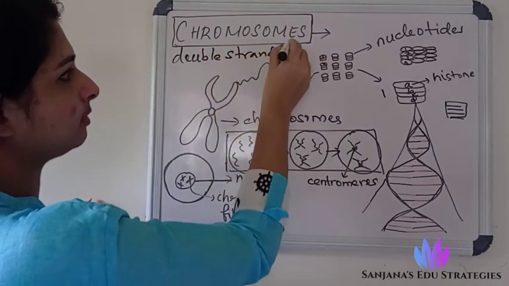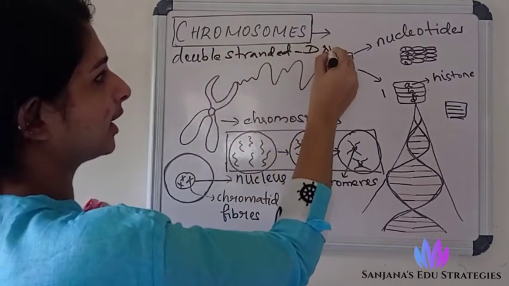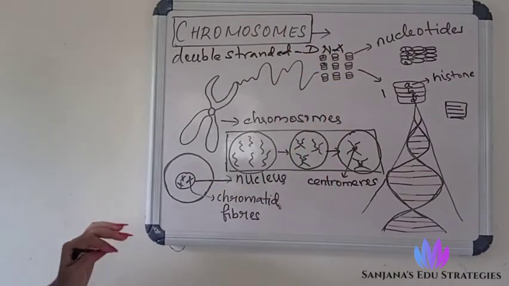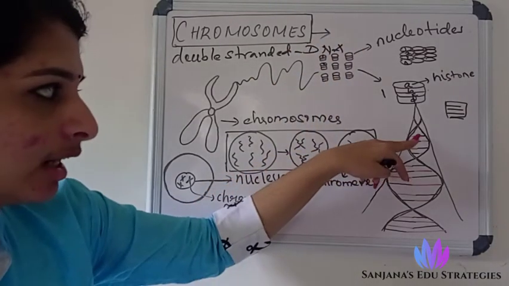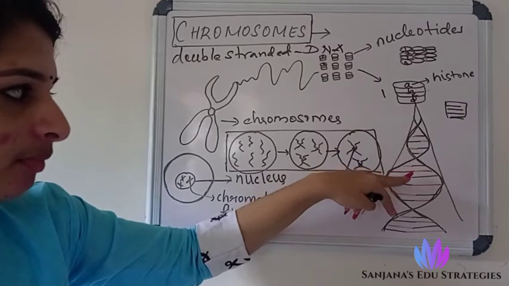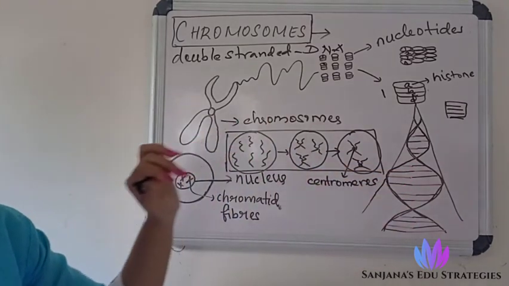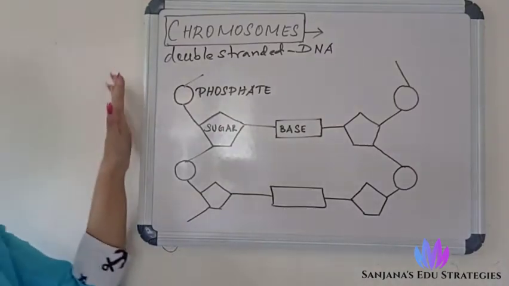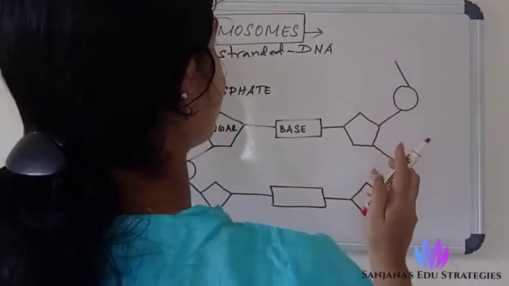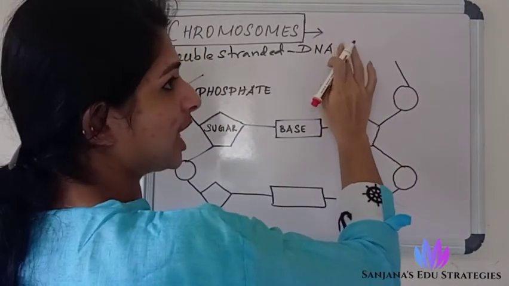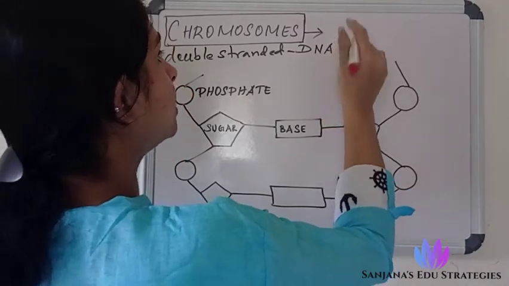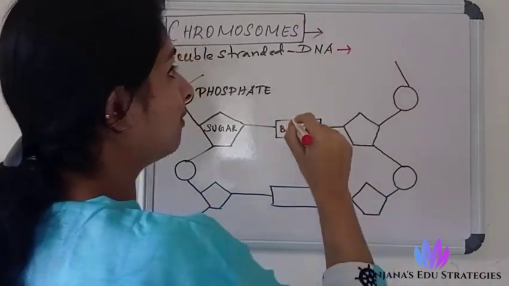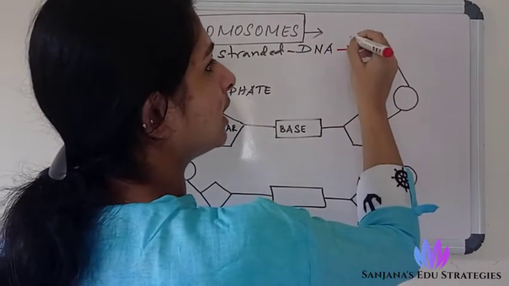Yes, got DNA. And you can see inside this DNA, nucleotides are arranged. In one nucleotide, many DNA strands will be present. Now, in this DNA we have many things present.